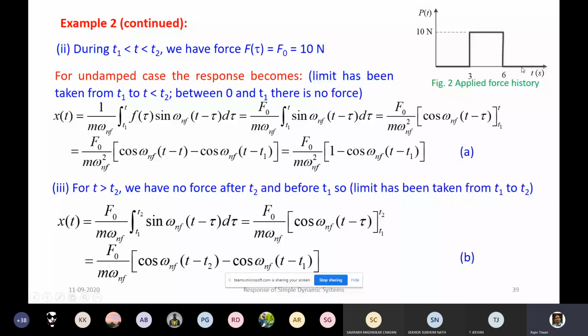So after 6 seconds, whatever the response will be, that will remain the same. It will not change because there is no additional force applied. We should have taken 3 terms, but the first and the third terms are 0, so only the second term has been considered here. And if we integrate this, we will get this expression.